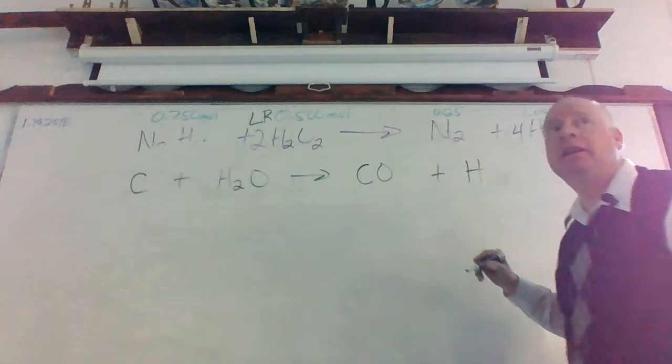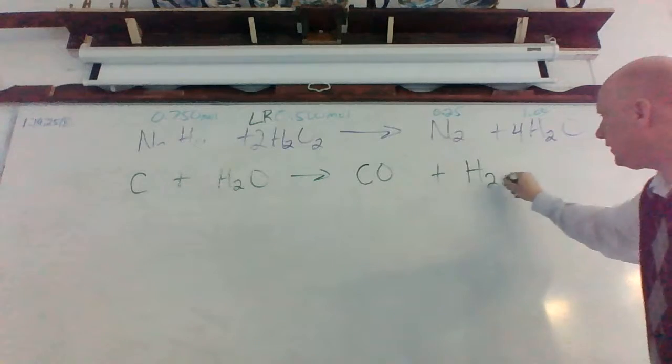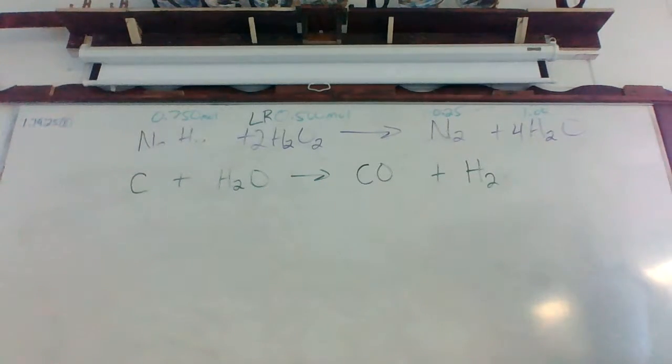There again, if we don't do this, remember that hydrogen is diatomic. You're going to make a mistake there too. So what's significant about that reaction? Is it balanced or not balanced? It is balanced. So that's how we get it started.